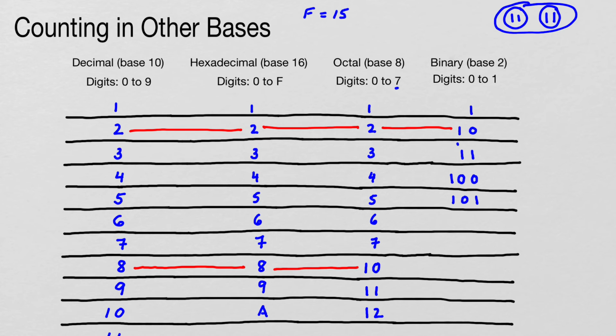And now I'm up to my largest digit again. So when I add 1, I'm going to be at 0. I carry a 1. So there's 1 here. That's 1 group of 2 and 1 group of 4, and 1 group of 4 plus 1 group of 2 makes 6.